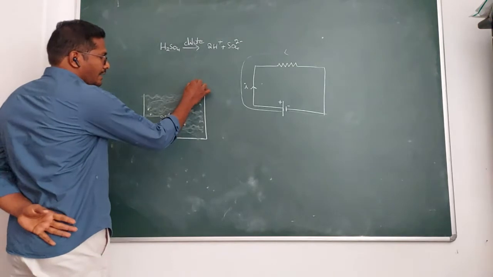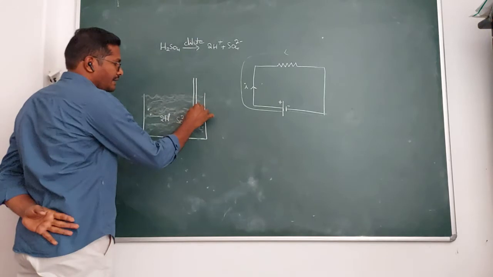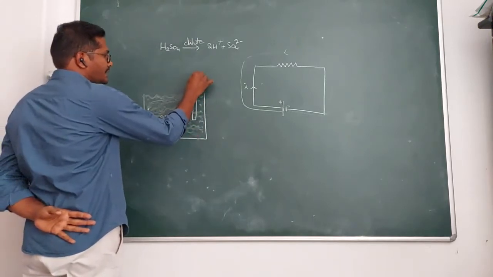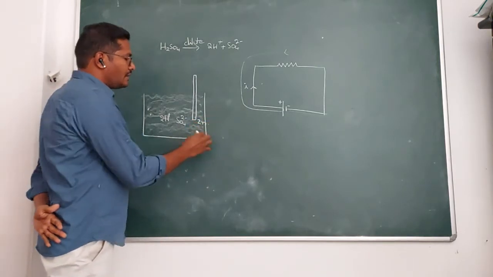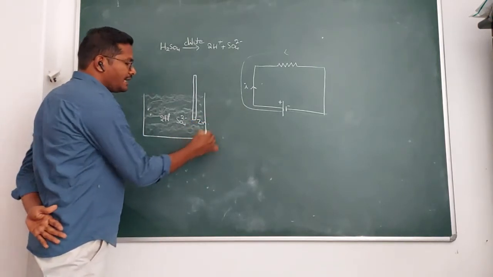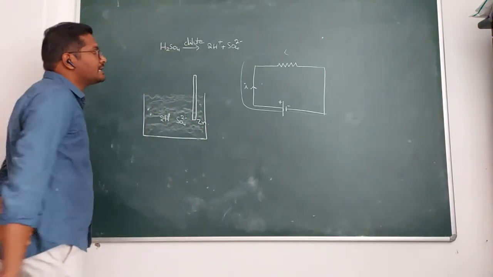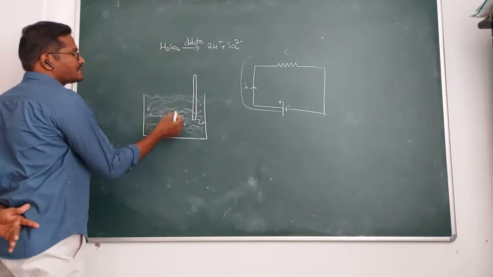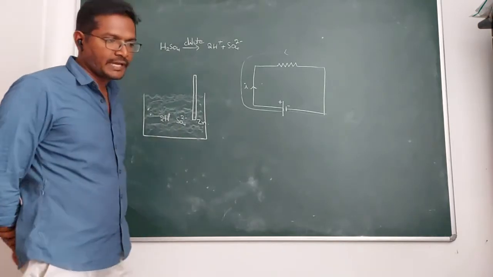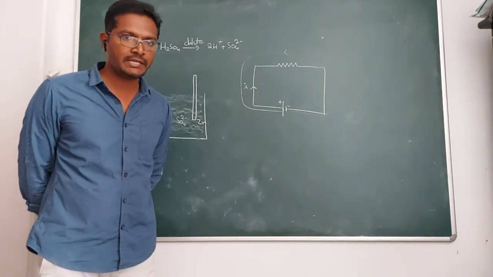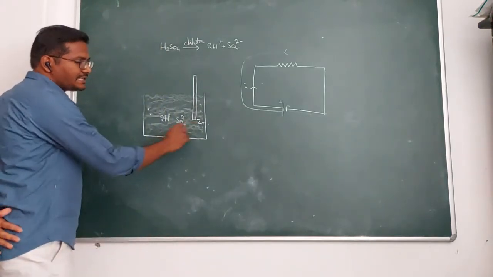When you insert a zinc rod here, what happens? This SO4 tries to mix with zinc, so it becomes ZnSO4. Generally the SO4 2 minus ion cannot mix with a zinc atom; it mixes with a zinc ion.